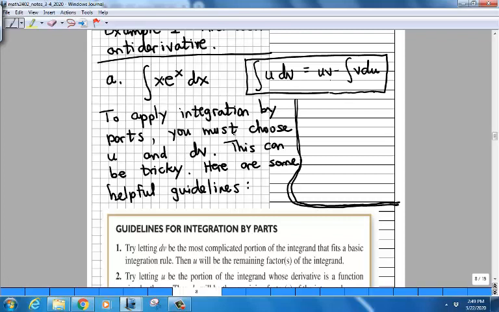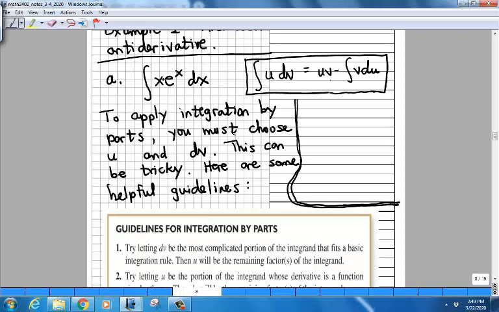So here I've rewritten the integration by parts formula just to remind us of what it is. To use the integration by parts formula, you're going to use that when you have an integral that you're trying to integrate. But to use it, you have to pick out from the problem that you're given what you're going to label as u, so sort of what you're substituting u for here, and what you're going to label as dv.